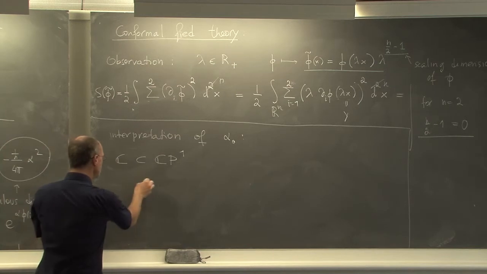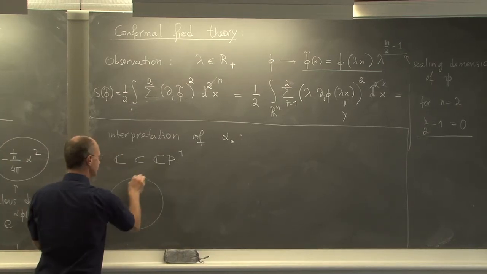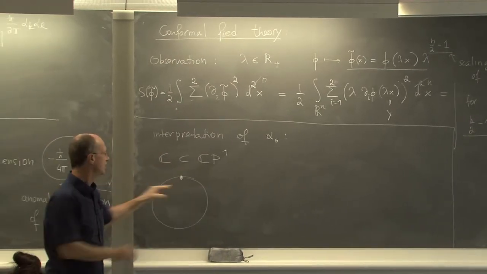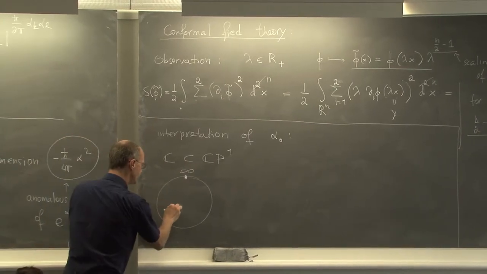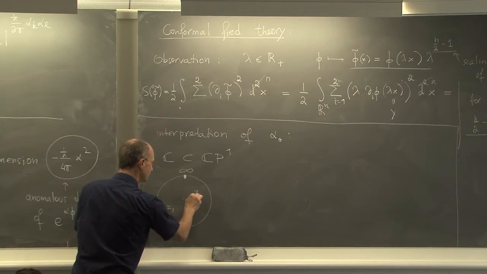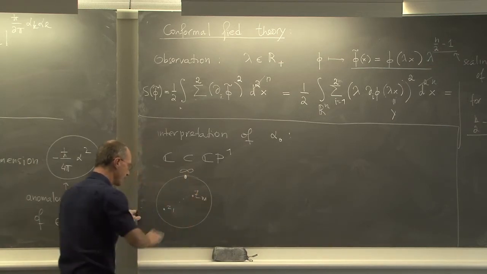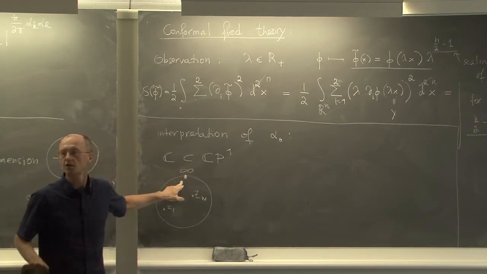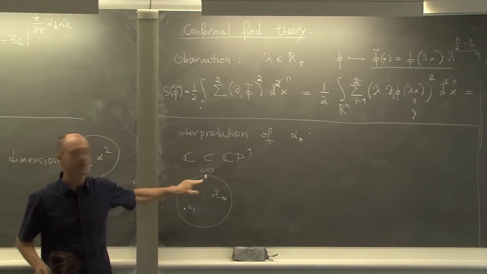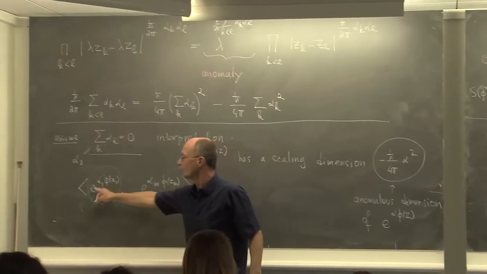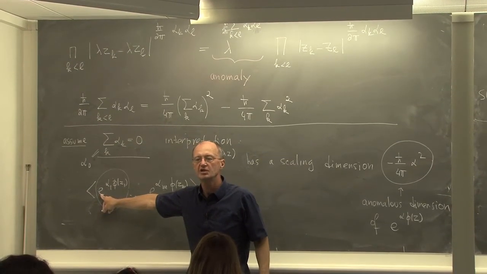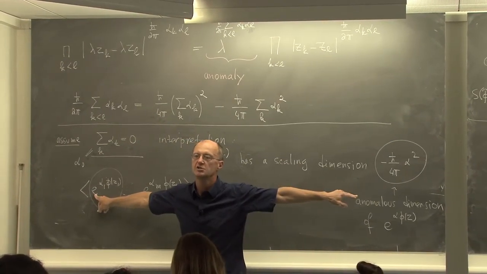So in fact, the formula tells us that maybe secretly we study the theory. So here our points Z1 up to Zm. But maybe we study the theory on CP1. And secretly we have one more exponential of a linear form sitting there.